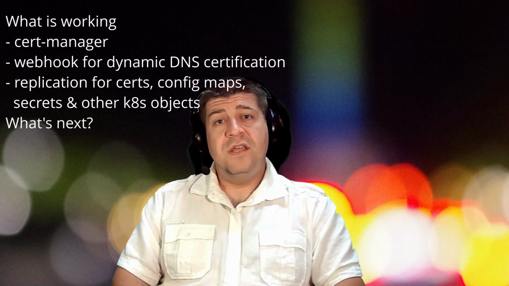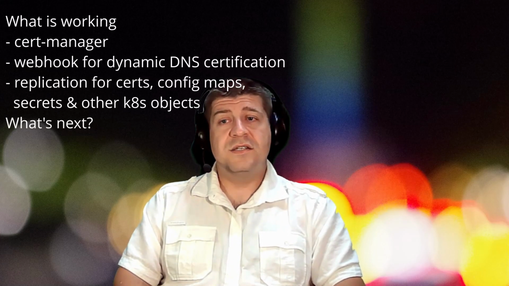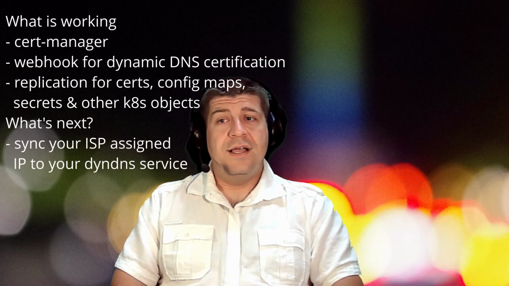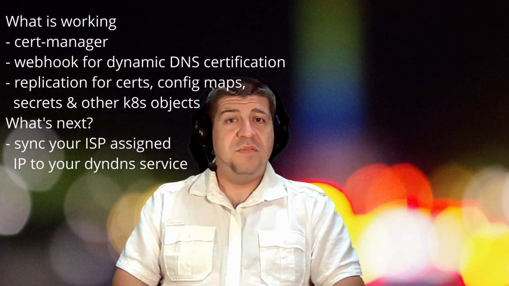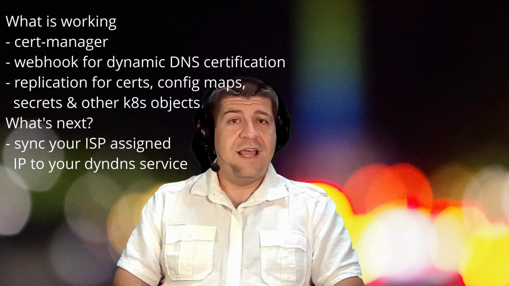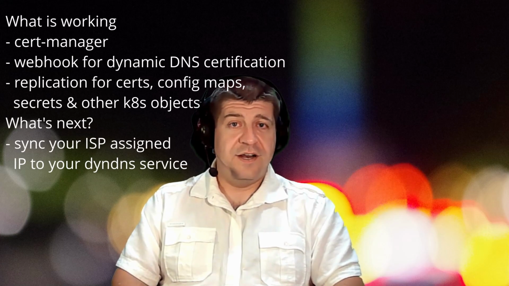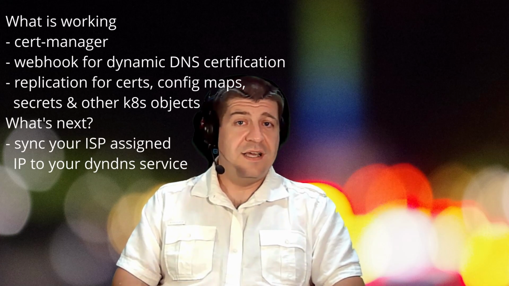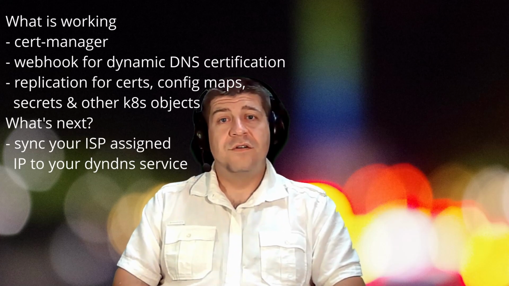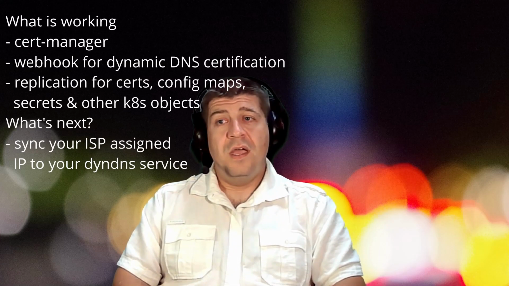Then in the next video, I will walk through a quick deployment when it comes to synchronizing your ISP assigned IP address to your dynamic DNS service provider. Once that's done, you can be sure that your services are always available from the outside of your cluster, and you can access these services from wherever you want.